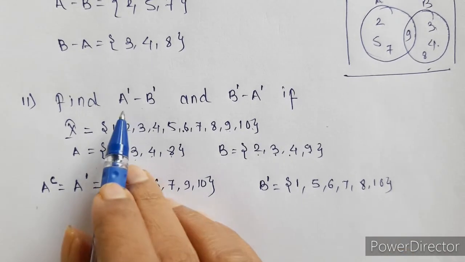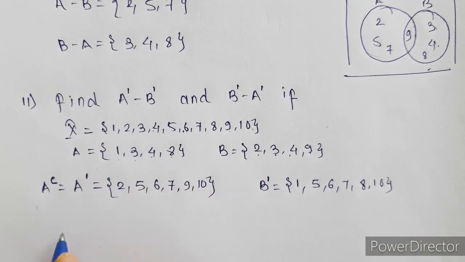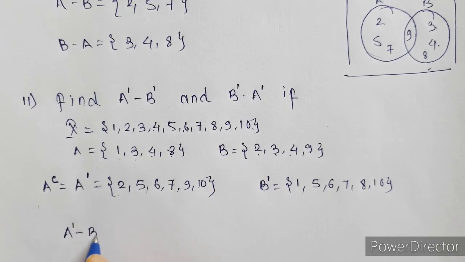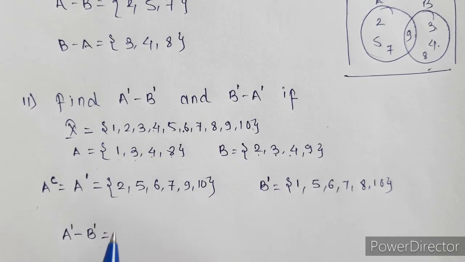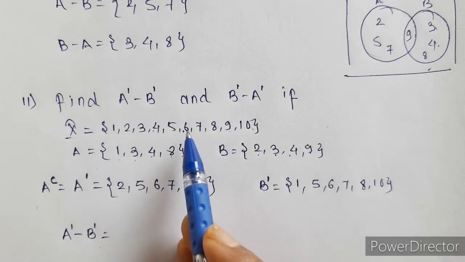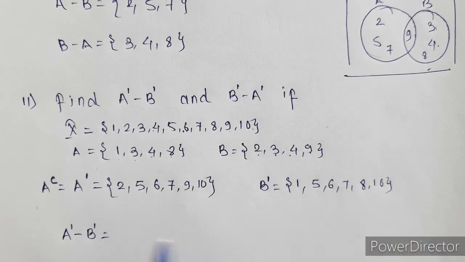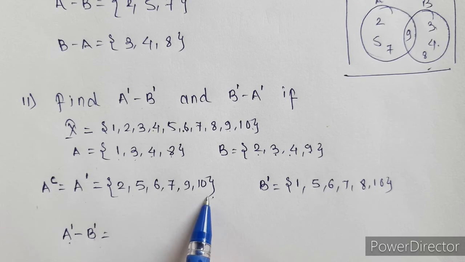Next is A complement difference B complement. Now forget about the universal set, we have to only consider set A complement and set B complement, and from A complement we have to subtract B complement. So look at these elements.